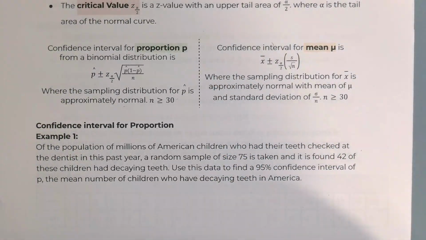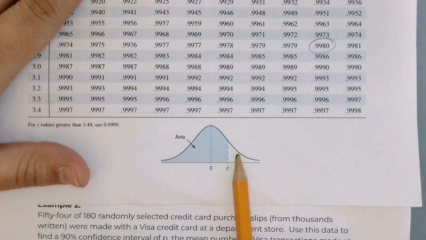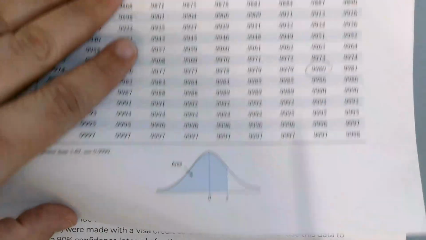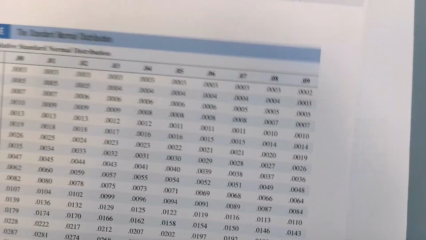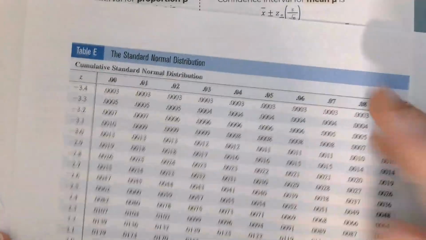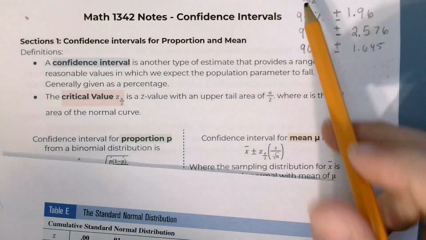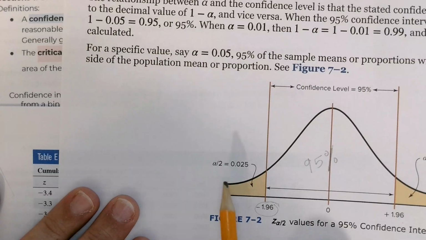Okay, so let me tell you how to find those numbers just in case you're curious. Now, if you're using the table, you have to be careful because, remember, we're doing area to the left. So we're going to find our alpha over 2. So again, for 95% confidence, alpha is 0.05, divided by 2 is 0.025. I'm going to make sure you know how to do this on the table to find this number.